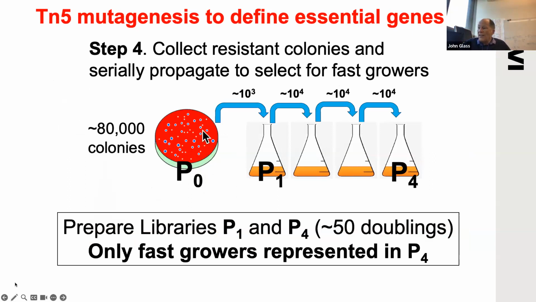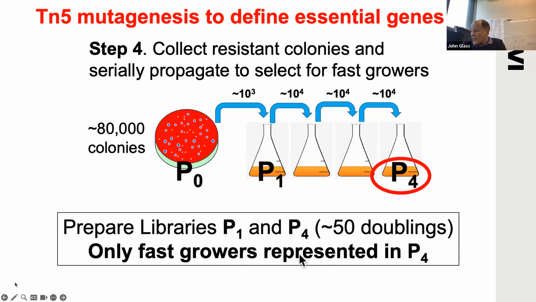You will find transposons in almost everything in P0, because cells will live for a while even after transposons go into essential genes, because there is still residual protein. So we don't use P0, but we passage all of these colonies into new growth media as passage 1, then grow that and work our way up to passage 4. We prepare DNA libraries from the cells in passage 1 and passage 4.